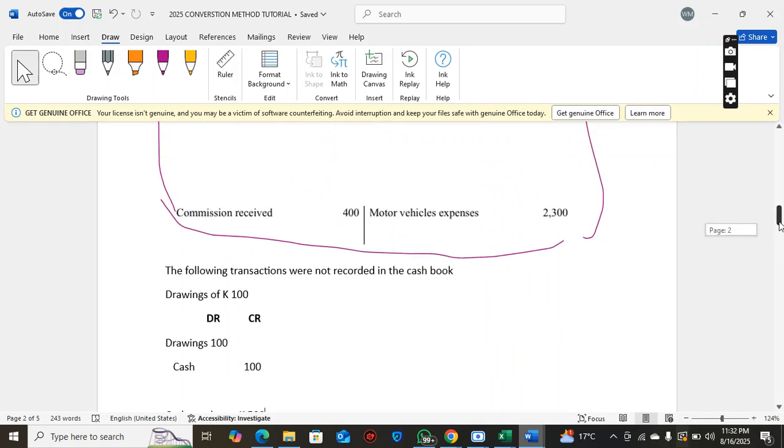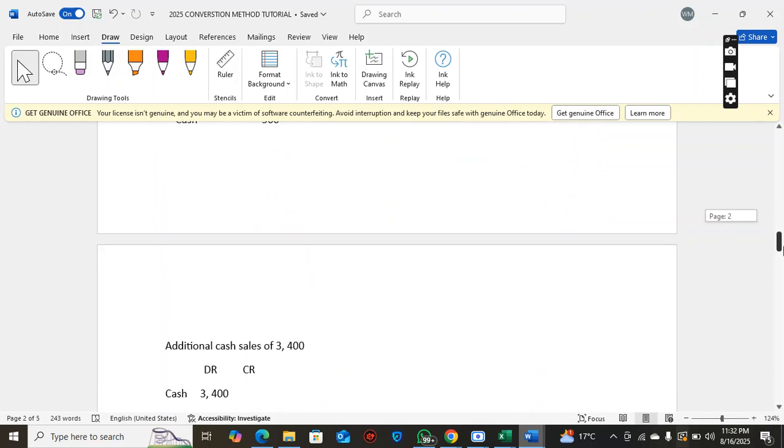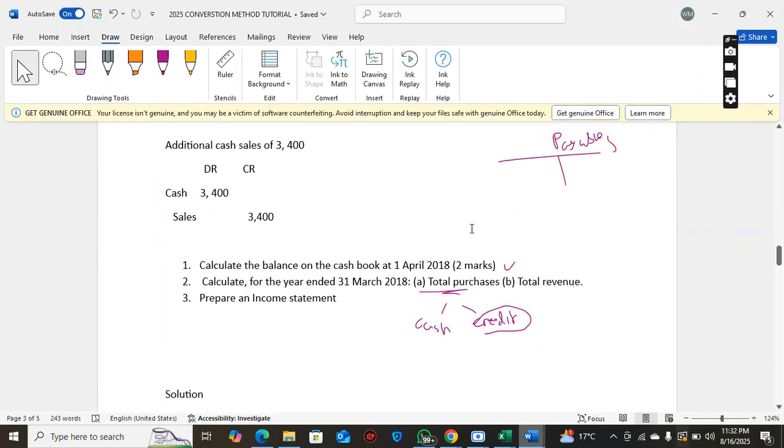Okay, so we've got our total purchases. Next thing we need to get is our total sales. Sales revenue includes the cash sales and the credit sales.